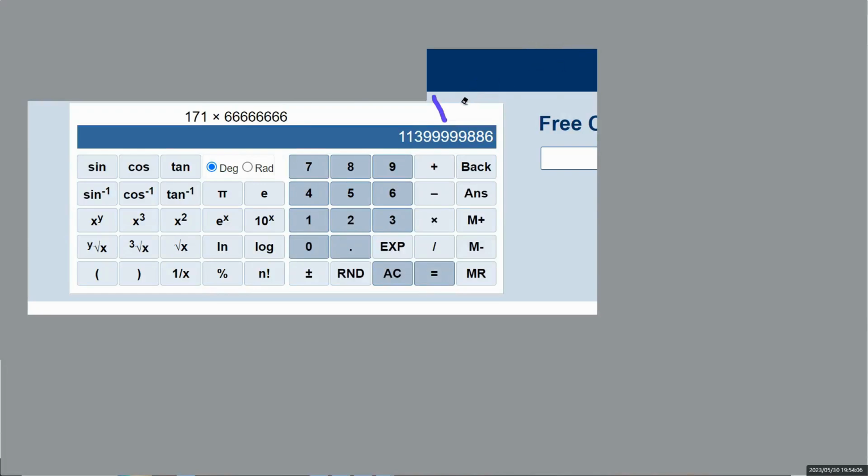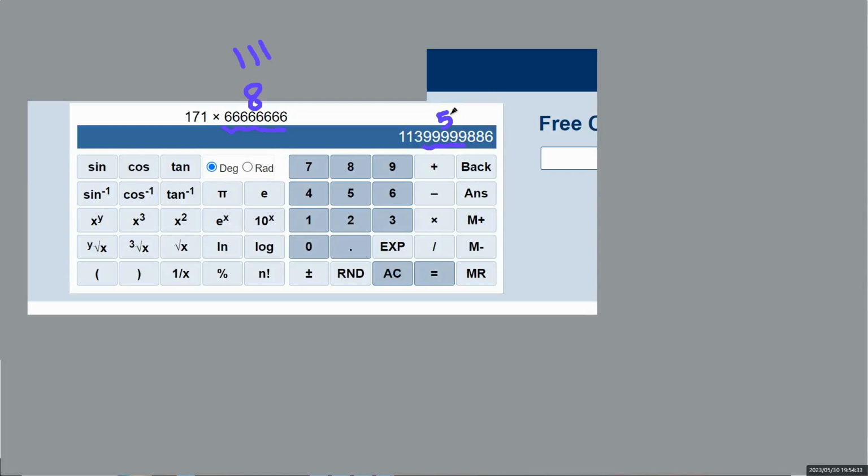Okay, now how to use it? You see, for how many 6s do we have here? 3, 4, 5, 6, 7. If we have 8 6s, how many 9s do we have here? 1, 2, 3, 4, 5. So the number of 6s is 3 more than the number of 9s. So the question said 111 6s.